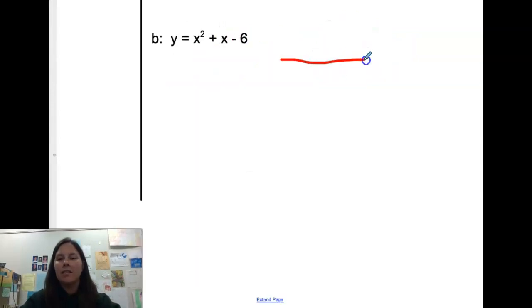And our last example, we have a constant term of negative 6. And this time, what are we adding to? Our coefficient of x is 1. When you don't see a number that you're multiplying by 1. So now we're thinking about how do we multiply to a negative and add to a positive.